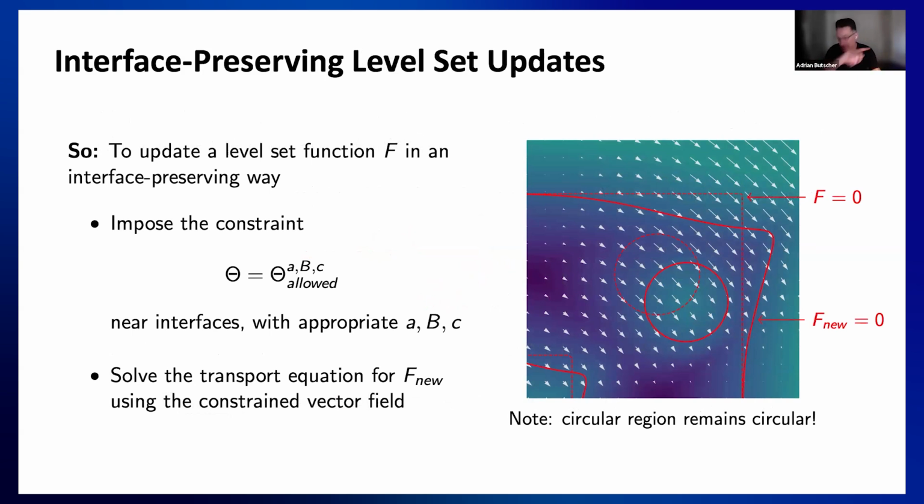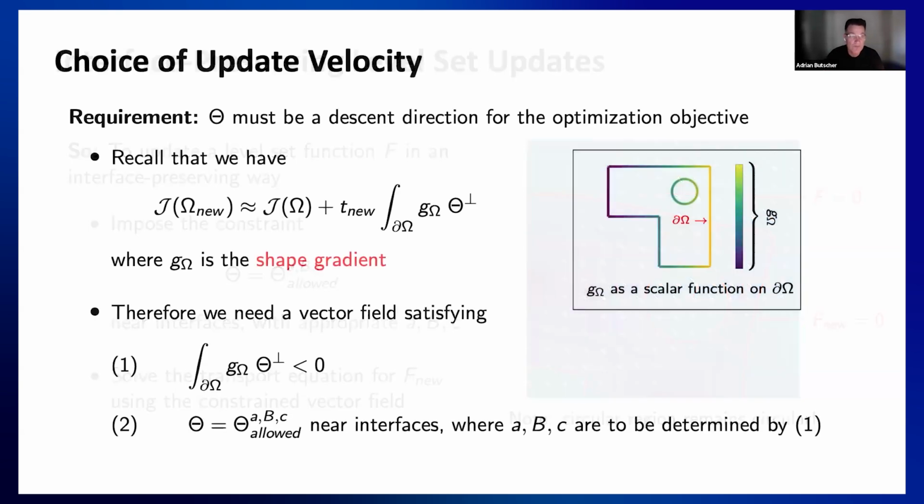And what you will find is that the free form part of the shape moves as usual, but where the constraint is imposed, circular regions remain circular, and interface geometry will preserve its nature, as shown in this image here. So that's the plan for how we intend to modify the level set transport procedure.